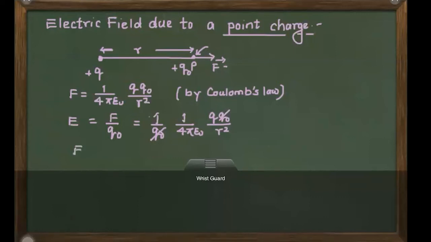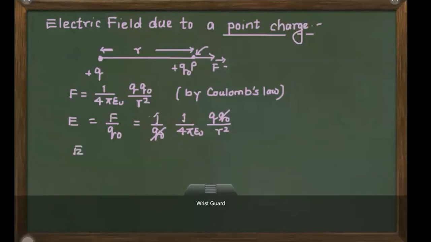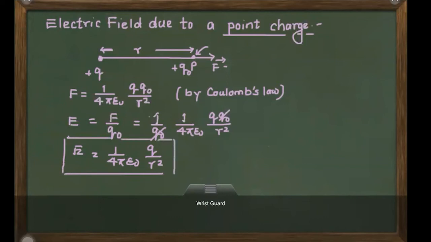So E will be 1 upon 4 pi epsilon naught Q upon R square. So this is the electric field intensity of a source charge Q at the distance R from it. And this is only its magnitude.